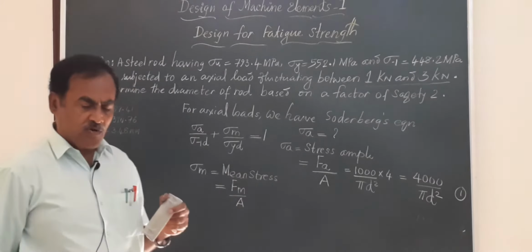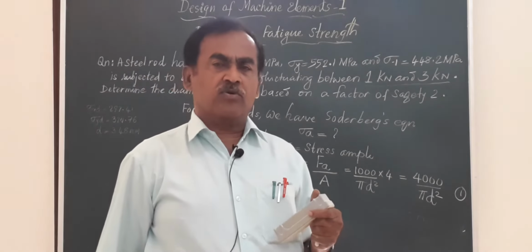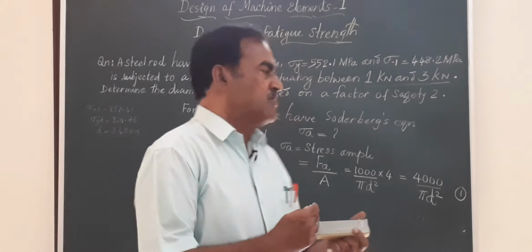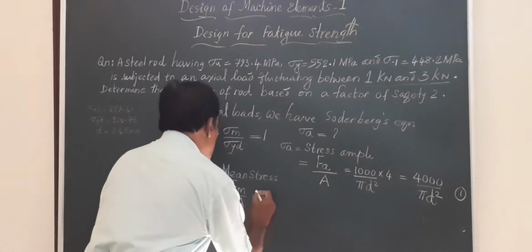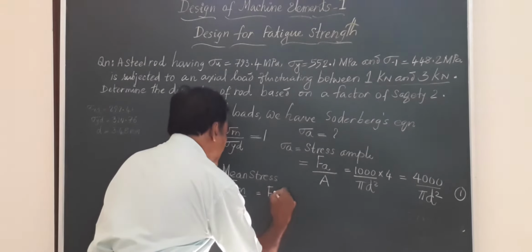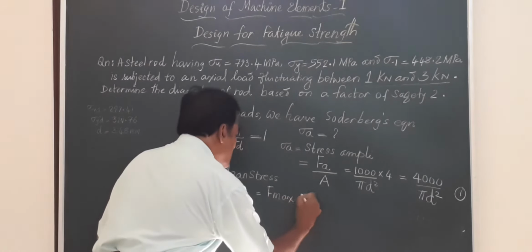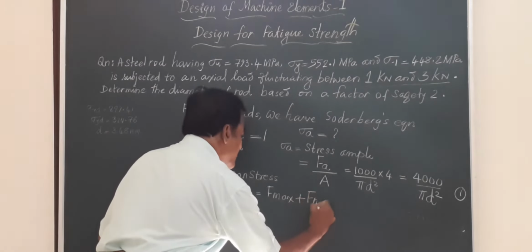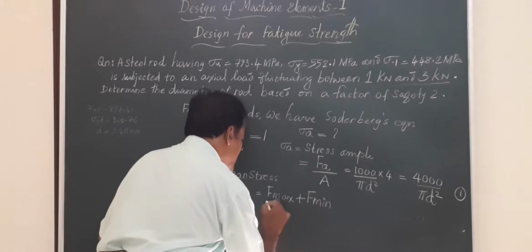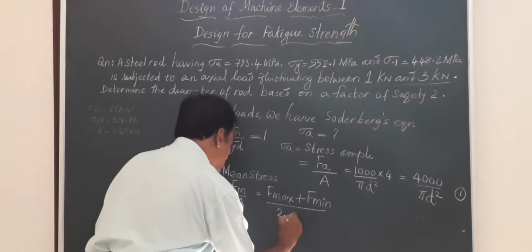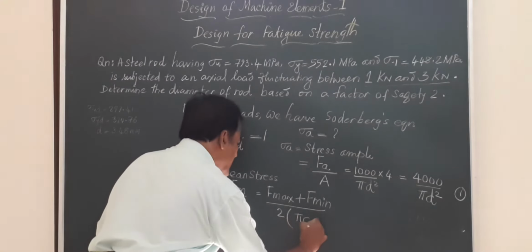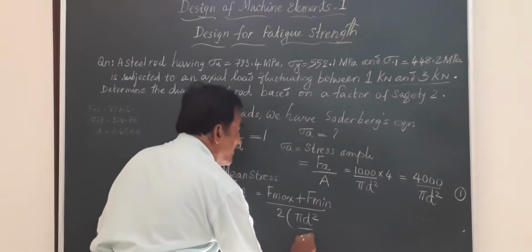What is this mean load? Mean load is an average load, the average of the maximum load and the minimum load. So this is F max, maximum load, plus minimum load, F minimum, divided by 2, that is Fm, divided by the area pi d square by 4.